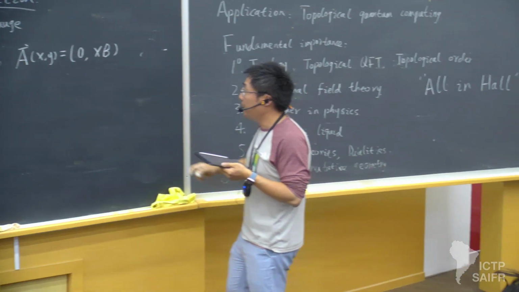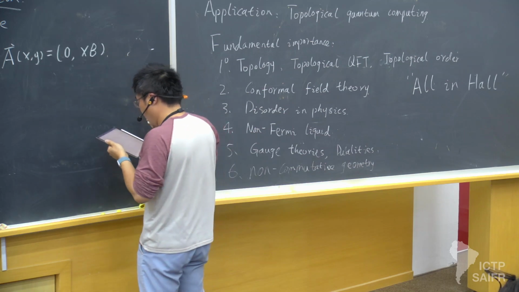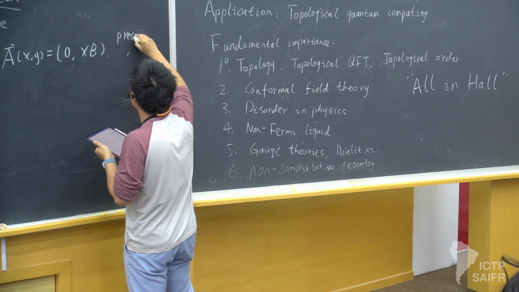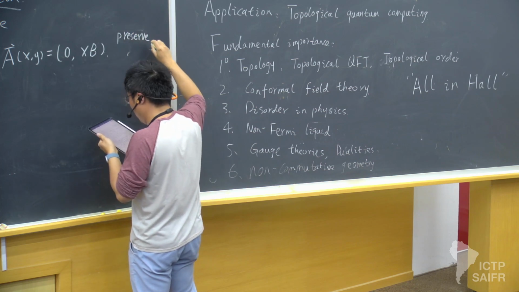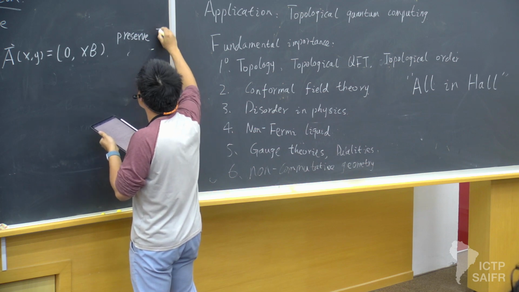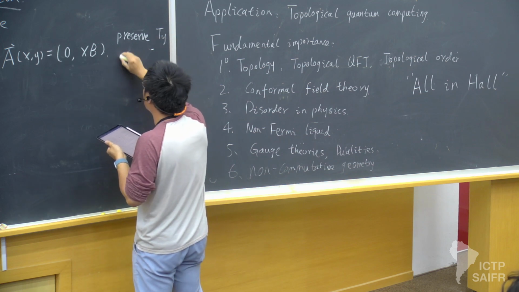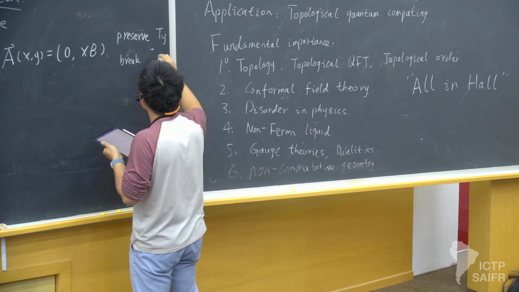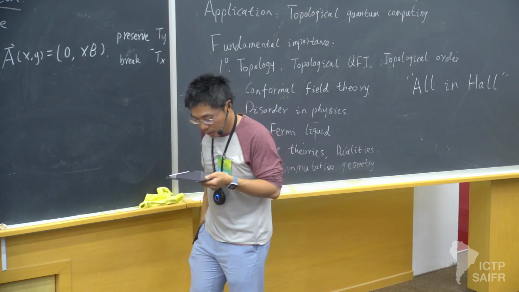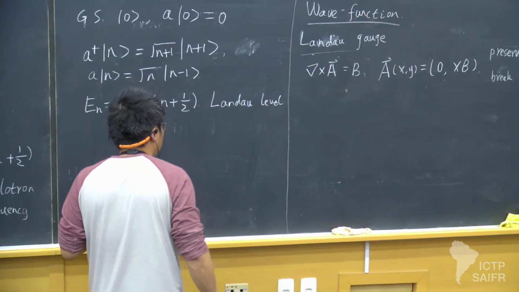One thing you can immediately say is that this Landau gauge preserves the translation along the y direction, but it breaks the translation in the x direction. That is the price we have to pay when we choose a concrete gauge.